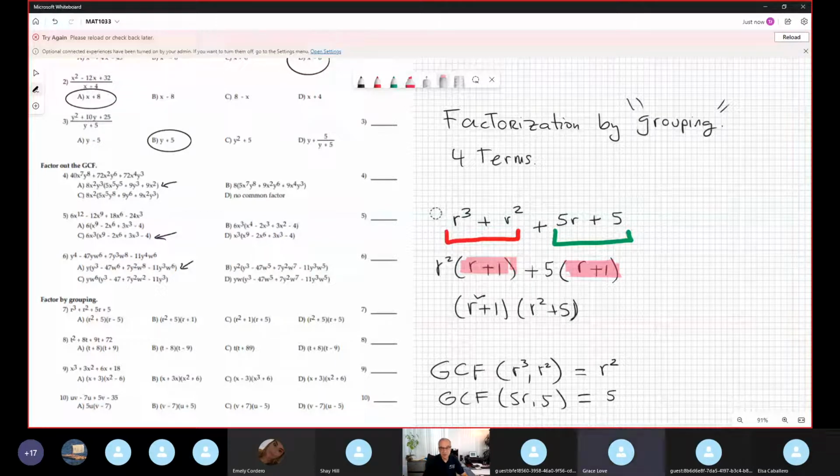So this is my final answer. Factorization by grouping. Entonces it is easy, because the only thing you should do is separate my problem into two problems. Entonces you focus on them one by one, separately.